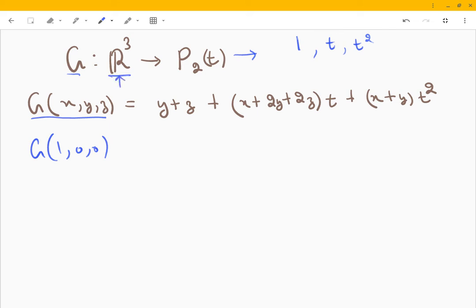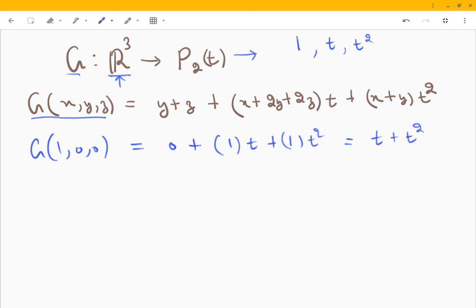What will it do? y plus z is 0, x plus 2y plus 2z is just 1, and x plus y is also 1. So g of 1 0 0 is t plus t squared. Our three-dimensional vectors are being mapped to polynomials of degree less than or equal to 2.